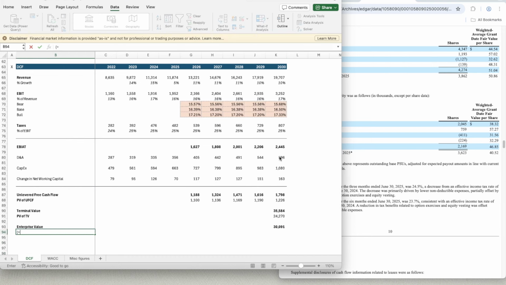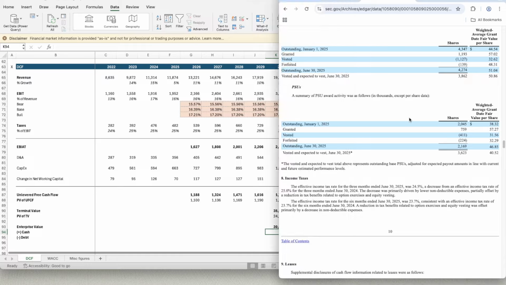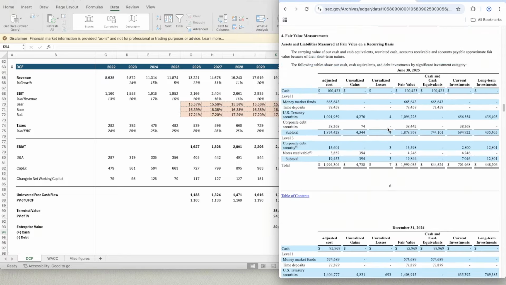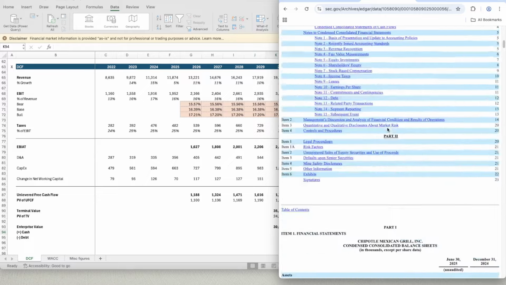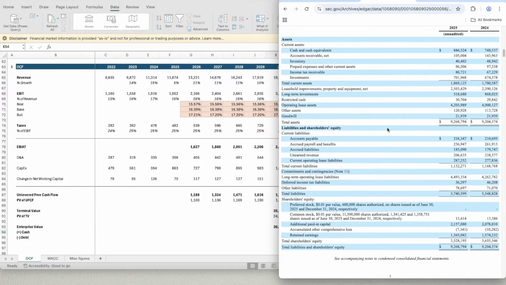Then we're going to add cash minus the debt to give us an equity value. The cash, let's look on the balance sheet, is 6 months ended. It's at the top, I think, the balance sheet.